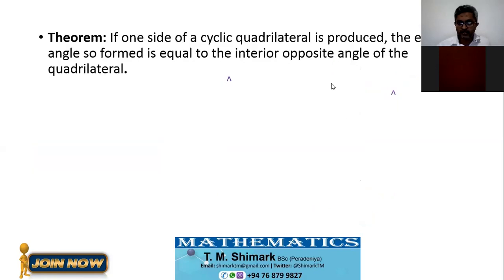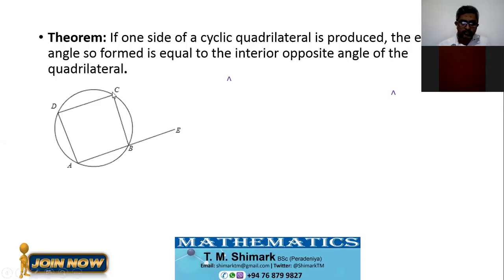There is a theorem. The theorem says if one side of a cyclic quadrilateral is produced, the exterior angle so formed is equal to the interior opposite angle of the quadrilateral. This is a cyclic quadrilateral.